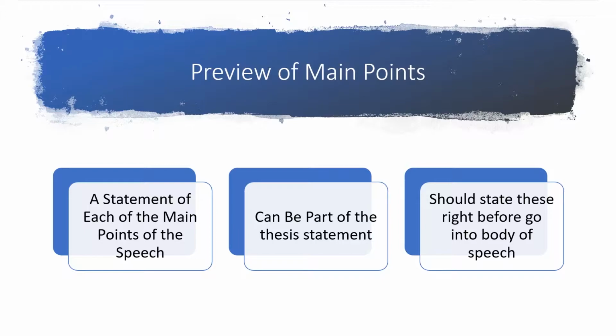If I wanted to include it with my thesis, I could say, today I'm going to talk about the 3 major causes of global warming: greenhouse gases, deforestation, and industrialization. So it can be part of that thesis statement if I want it to be.